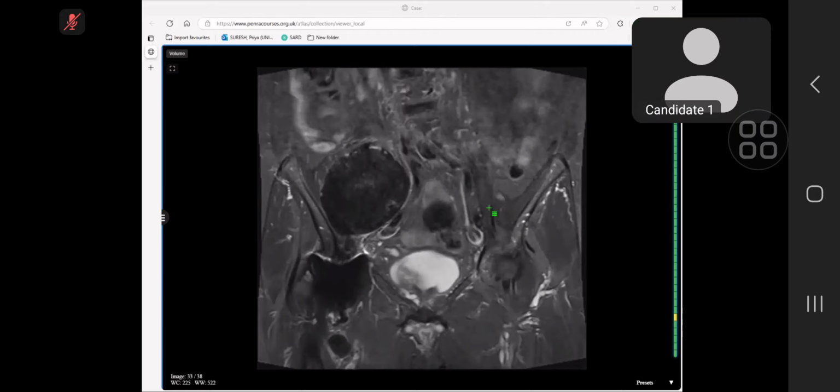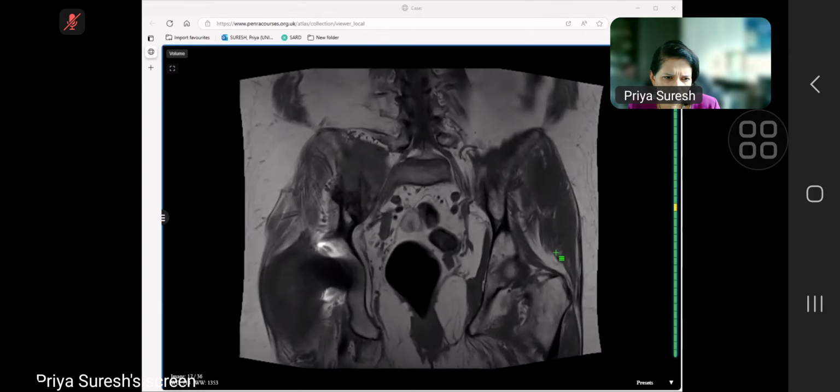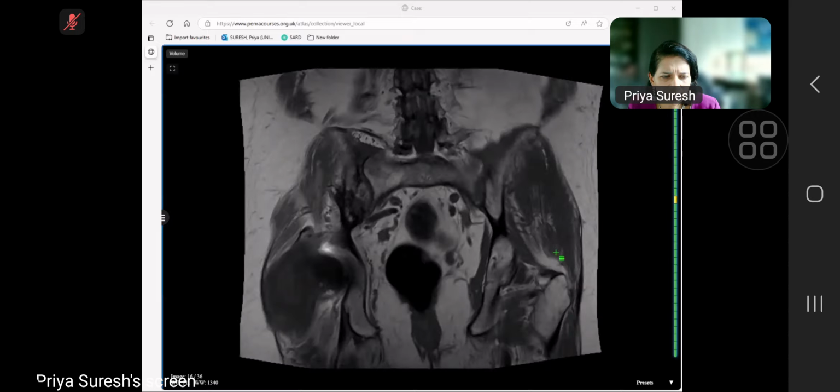In the pelvic region, a hypointense lesion is present in the right hemipelvis. Okay, so what's your final diagnosis?